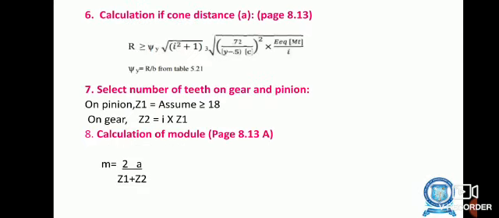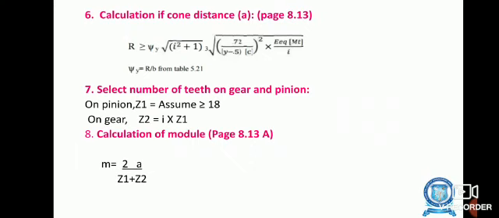Step 6, calculation of cone distance A. Page number 8.13 of the PSG data book has a formula for calculating the cone distance. So you utilize the formula and substitute the values, and we will get the cone distance.